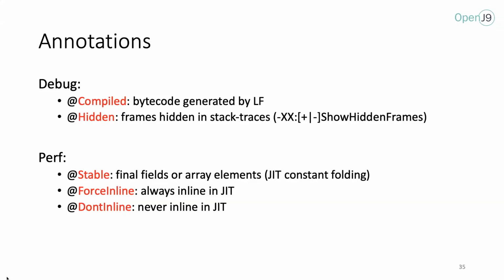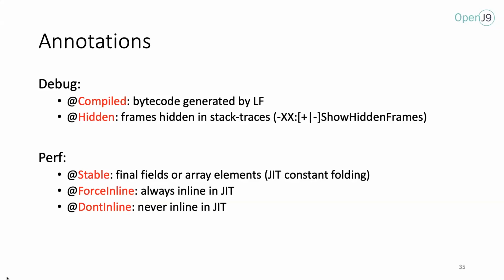And the other perf annotations provide hints to the JIT to do a specific optimization. For instance, the stable annotation tells the JIT to do constant folding for final fields and array elements. The force inline annotation tells the JIT to inline a specific entity in the JIT, and the don't inline annotation tells us never to inline that entity in the JIT.